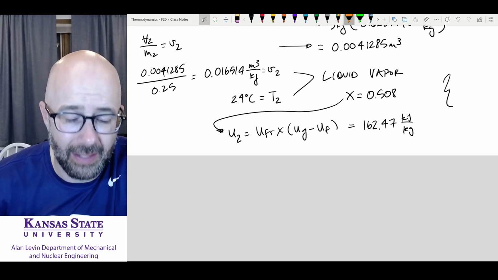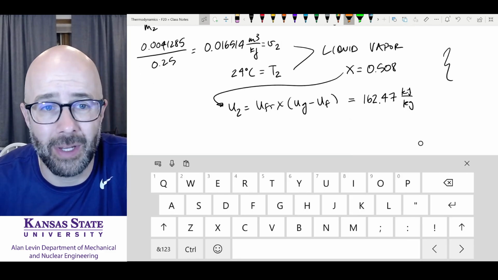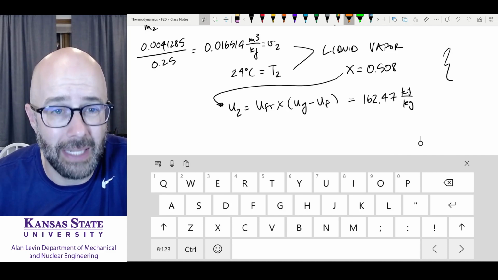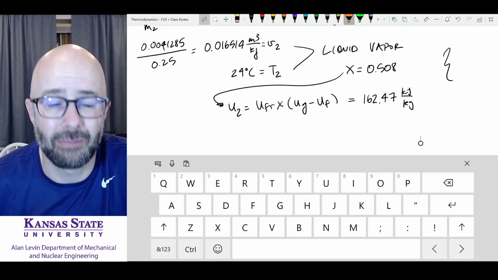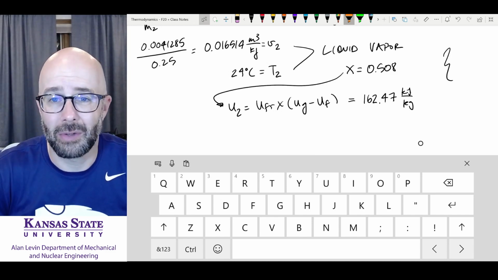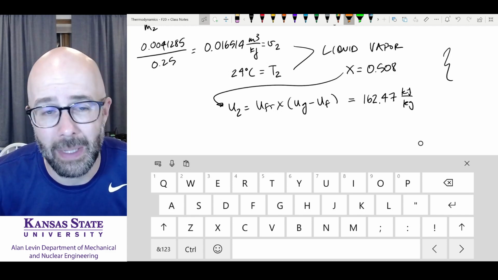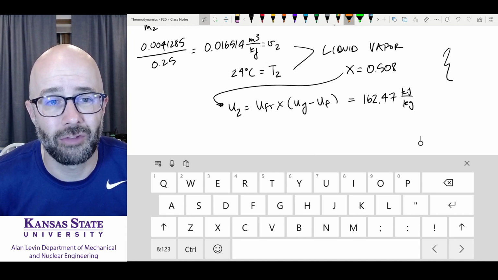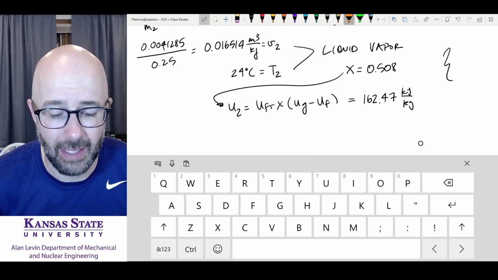I know everything except for Q, and I want you to calculate Q. And remember, the sign for Q should be positive because there's heat transfer coming from the surroundings into the system to keep it at a value. So please provide that value for me. That'll be what the quiz question for this problem will be: find the heat.